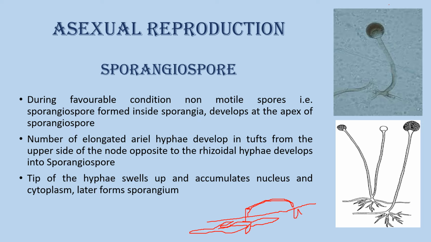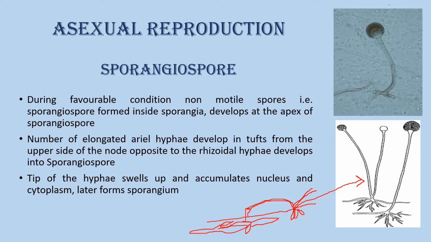On their lower surface they produce these rhizoids, and on the upper surface of the stolon node they bear sporangiospores.